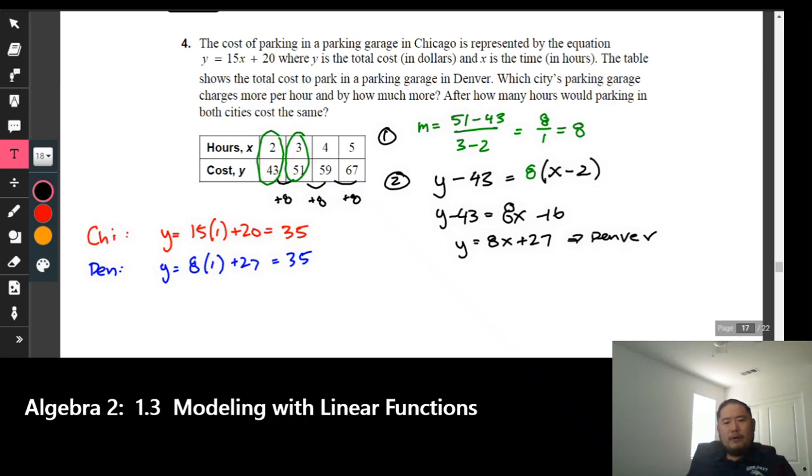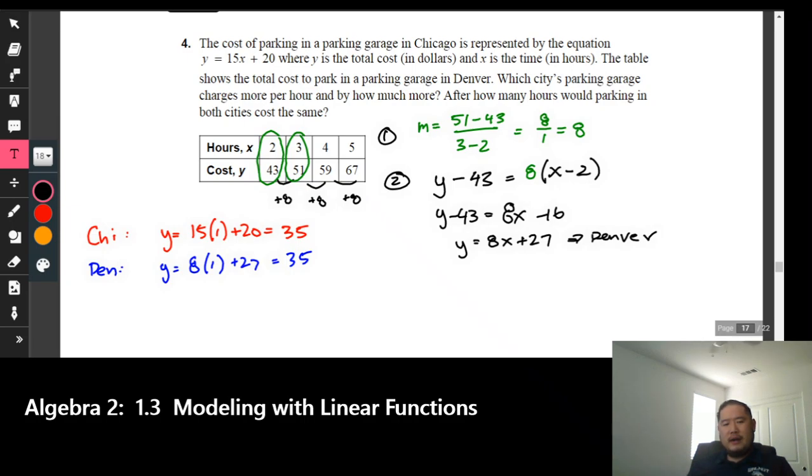So first off, how much do they charge per hour? It looks like it's going to be Chicago, right? Because first off, we look at the slope. That's how much every hour is going to be charged. That $20 we could think of as a service fee; just to go in there and park, you're going to have to pay $20 and then $15 an hour.